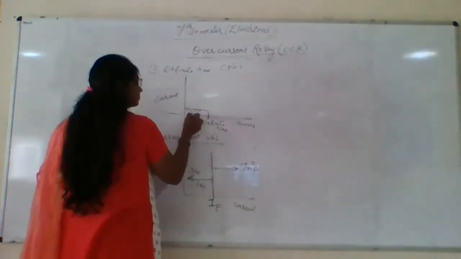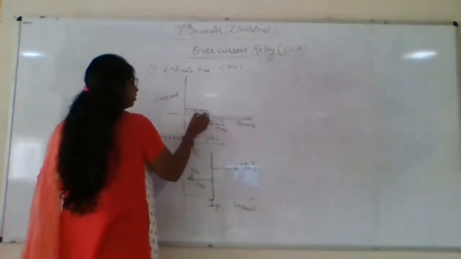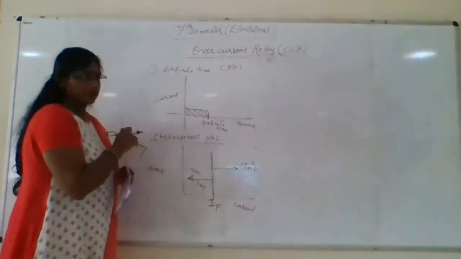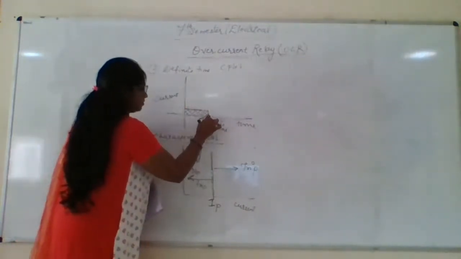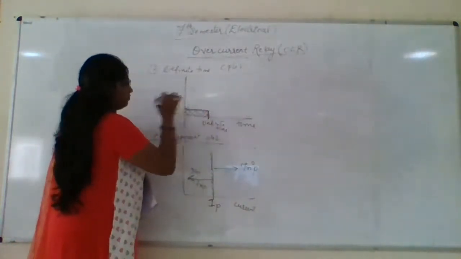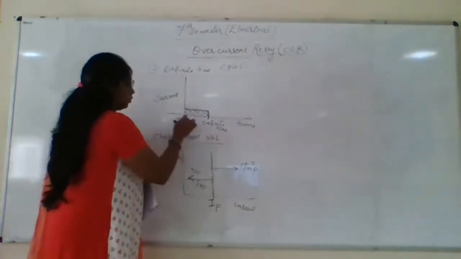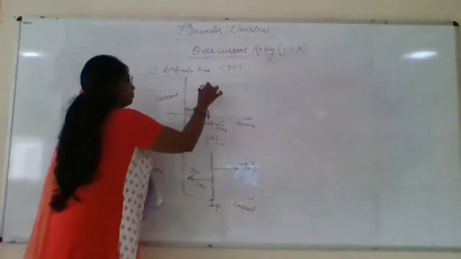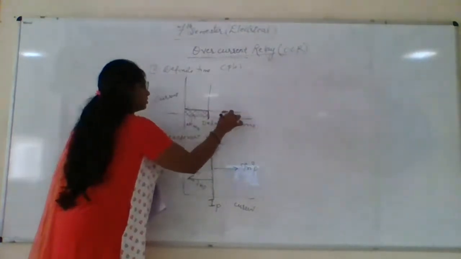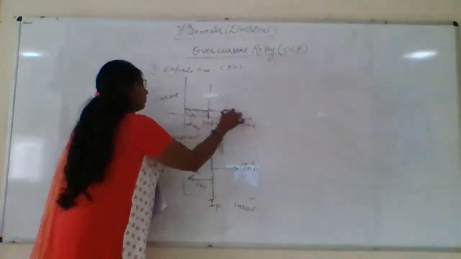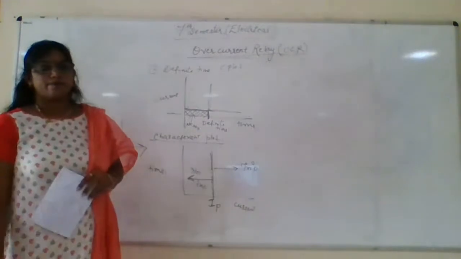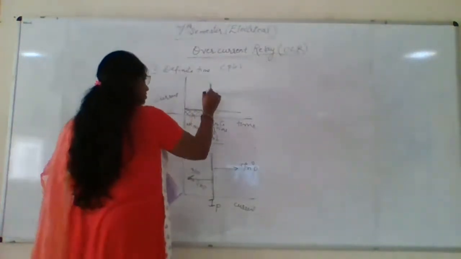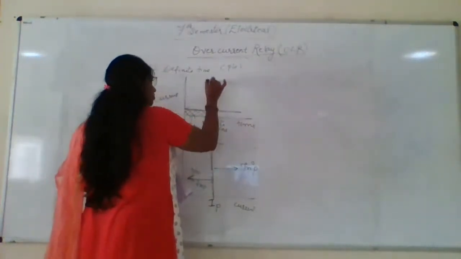Here, see, I believe you all can see. This is the definite time. Within that span of time, no action. No trip. Beyond this, the tripping action. This is the characteristic.